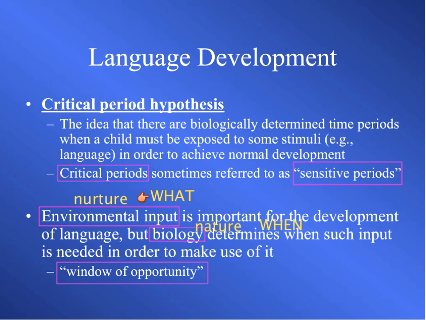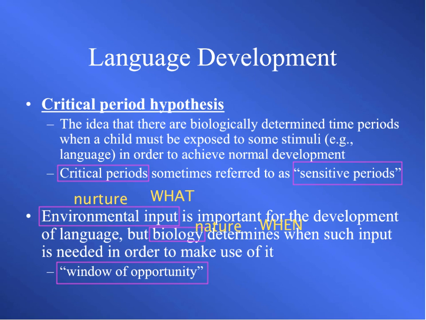But the environment is what determines what that input is. Am I being exposed to English or German or French or Japanese or Swahili or what? Right? Nurture determines what we get. Nature determines when we really need that to make optimal use of it for the development of language skills.